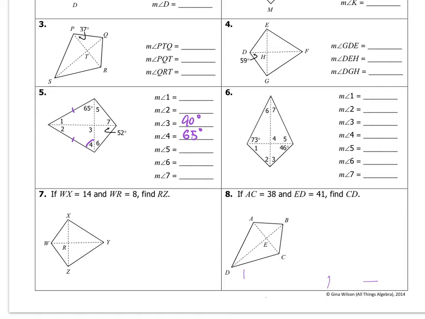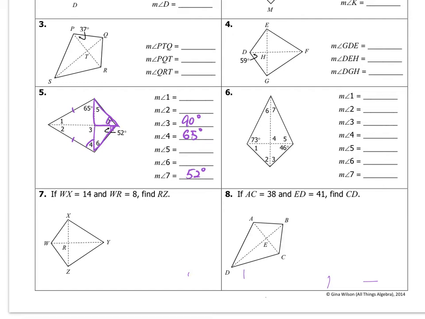And what you also should know is angle 7 and this angle 52 degrees are congruent. You can prove that these two little triangles here are congruent. You can prove it later, but for now I just want to let you know that diagonals of a kite actually are also angle bisectors.